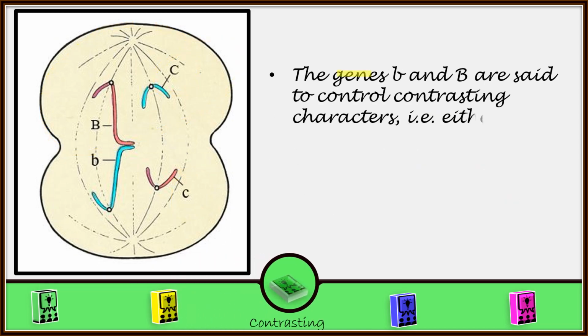So the gene capital B and small b are said to control a contrasting character, either blue or brown eyes. So when you look at this one here, this is capital B, and this one is small b. They are all controlling eye colors, but one has got brown eyes and another one has got blue eyes.